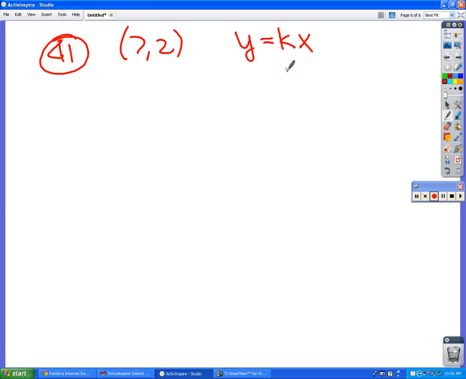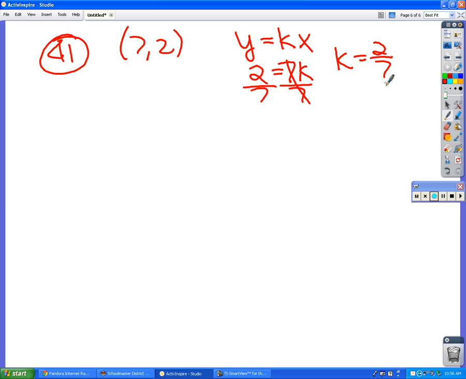So where does the 7 go? Is the x, so I'm going to rewrite this as 7k, and the 2 goes in for the y, okay? So how do I solve that for k? Divide both sides by 7. So this is a weird one, but it turns out that my constant of variation is 2/7.